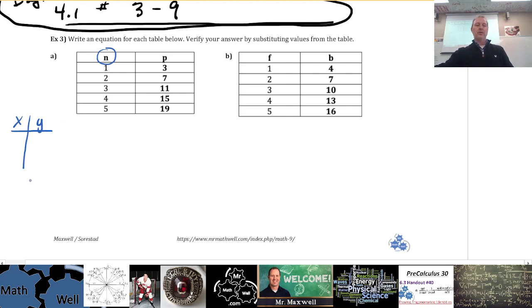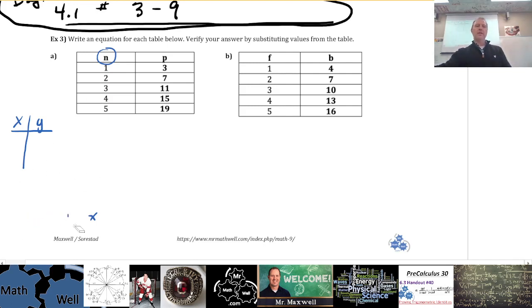The horizontal axis is x, the vertical axis is y. And so the independent variable goes down on the horizontal x-axis, and the dependent variable goes here. Because we look at this, and then we measure something and plot the point. So usually the first column is the independent variable.